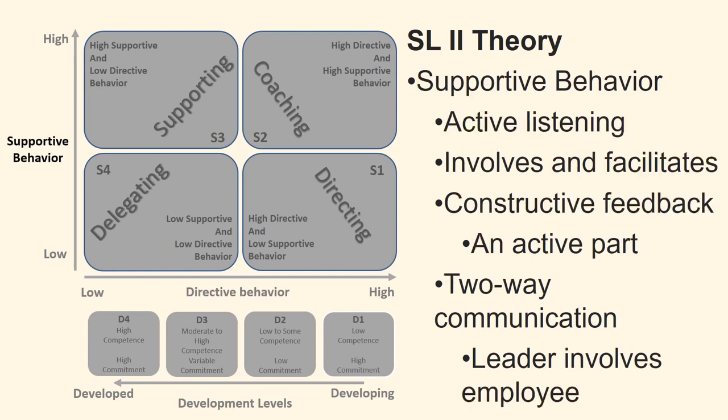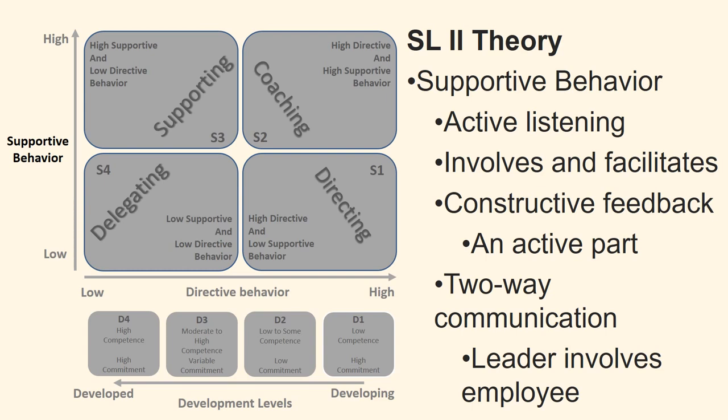In supportive behaviour, the leader takes on a different role. The leader supports, performs active listening, involves and facilitates the employee to make decisions himself, and the leader provides constructive feedback. The leader helps the employee to become an active part in the decision-making process.